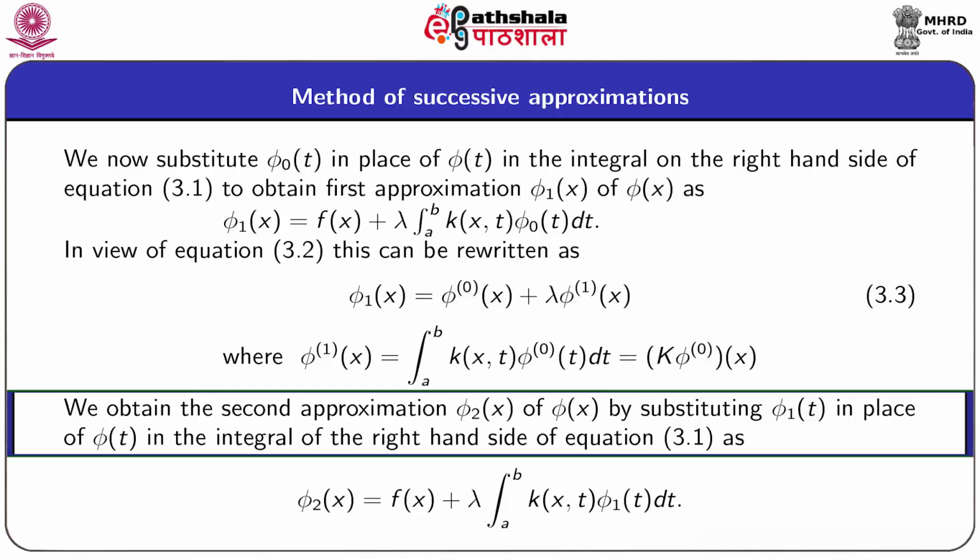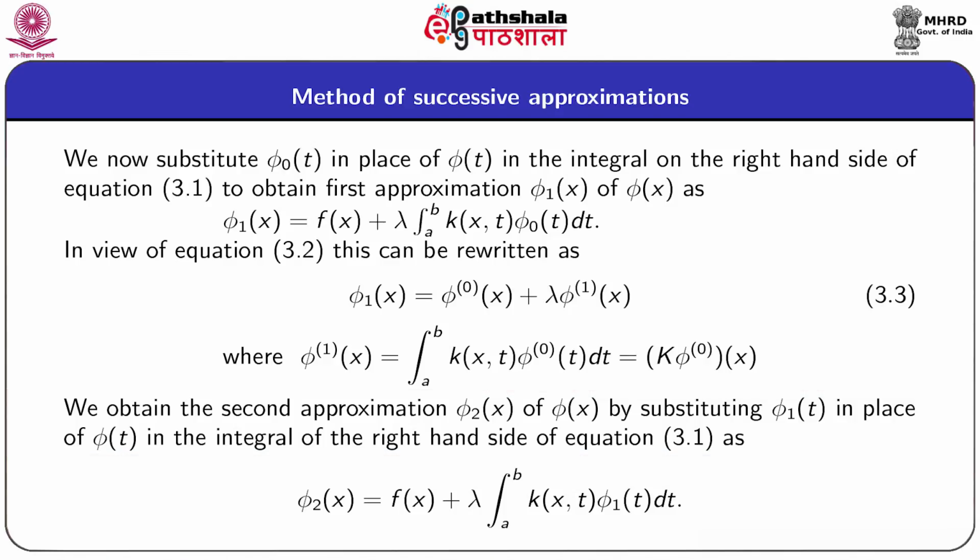Now, we obtain the second approximation phi 2 x of phi x by substituting as before phi 1 t in place of phi t in the integral of the right hand side of equation 3.1, and we obtain phi 2 x, that is the second approximation, as given by this.